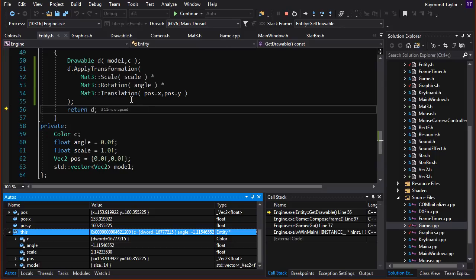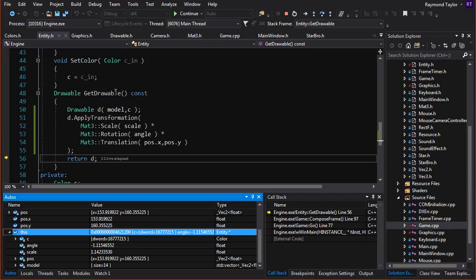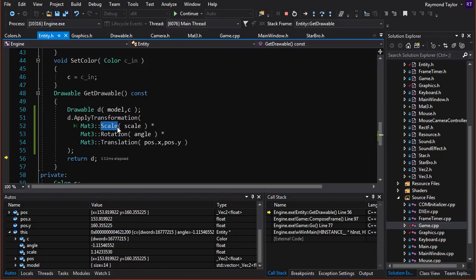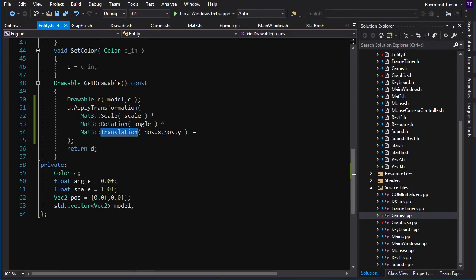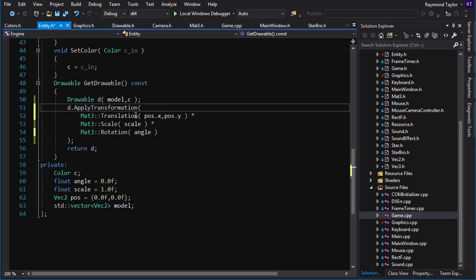I wrote the transformations in the order in which they were in the original code. But remember, this one is going to happen last, and we want this one to happen last. So we actually had to switch the order, at least put the translation before the other guys. I'm pretty sure I've made that mistake in all of them because I just copied the order. So we fix the order here, put the translation first.